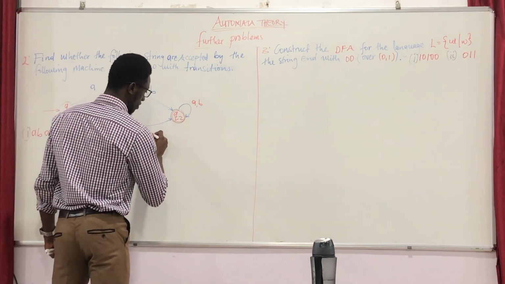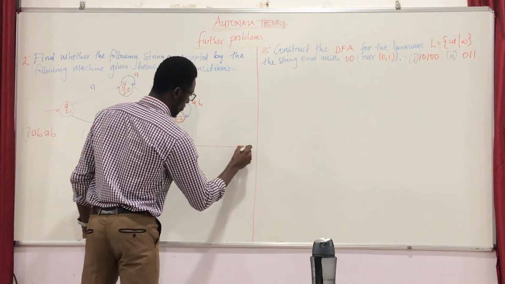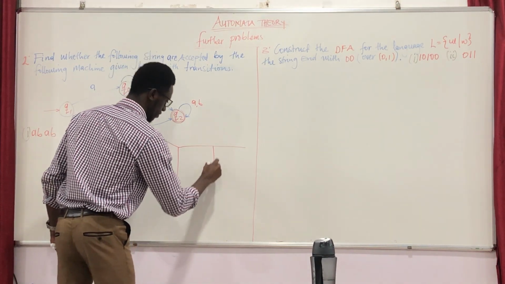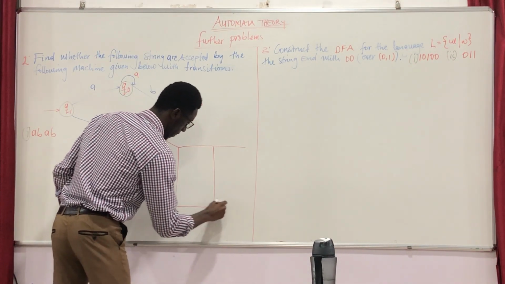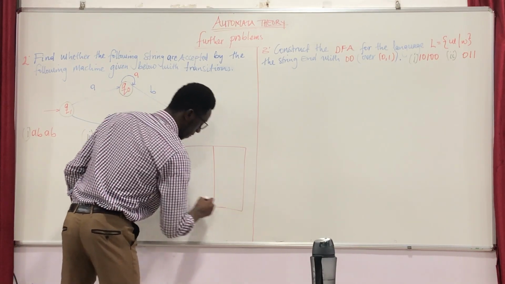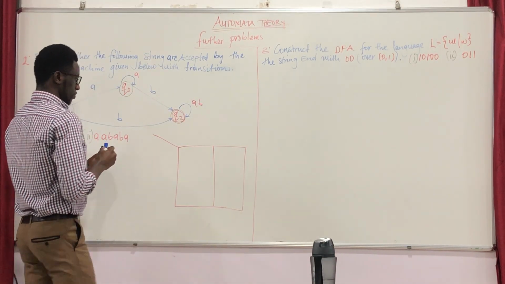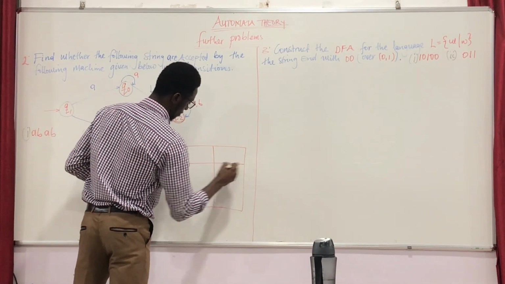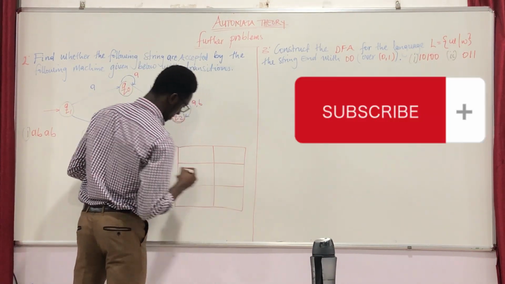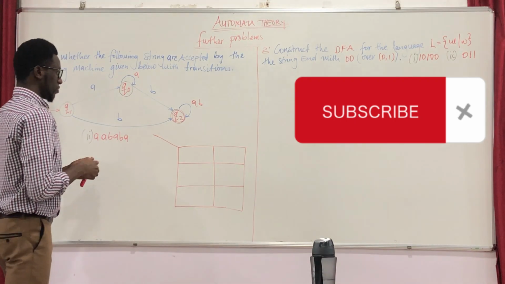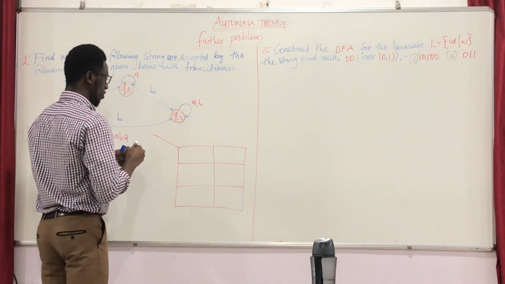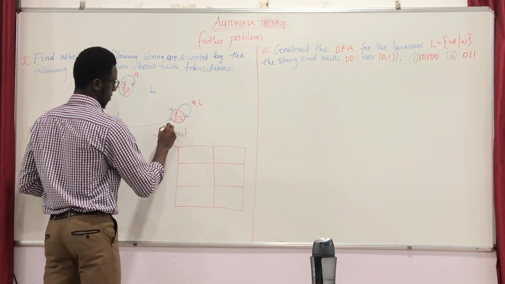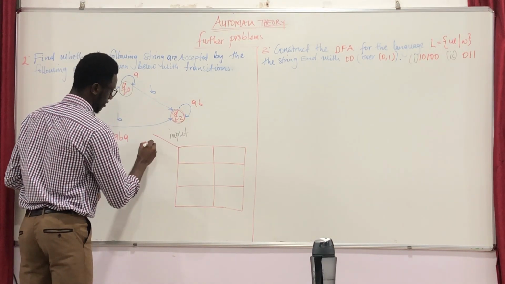So now we draw our transition table first. From this transition table, we have three points. You can say here, these are your inputs, and these are our states.